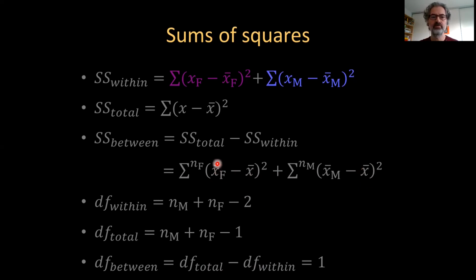So there are two data values, and one mean, their mean, that is used for the calculation. So that's 2 minus 1 is 1 degree of freedom. If we had more groups, the number of degrees of freedom for the between sum of squares would be the number of groups minus 1.